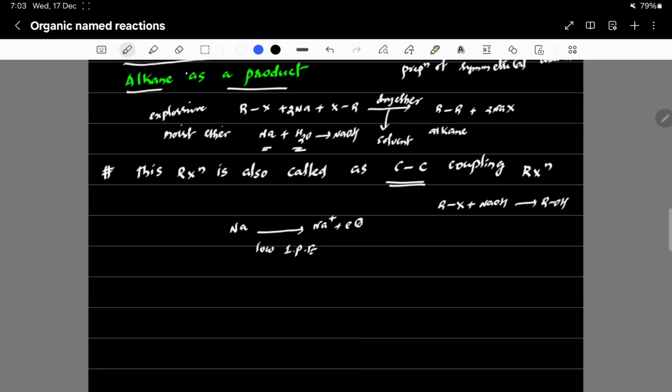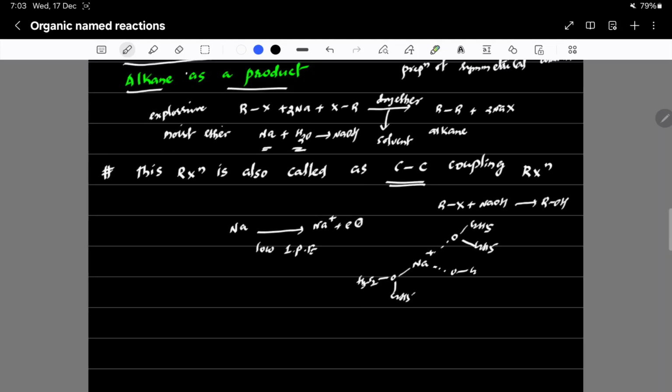Right. Now this Na plus ion is surrounded by the solvent diethyl ether. So this is positive, negative. Generally this is solvated by ether. Then it is converted into solvation energy.